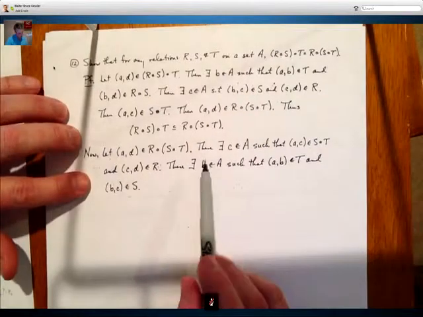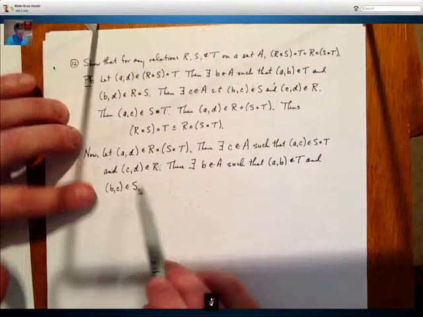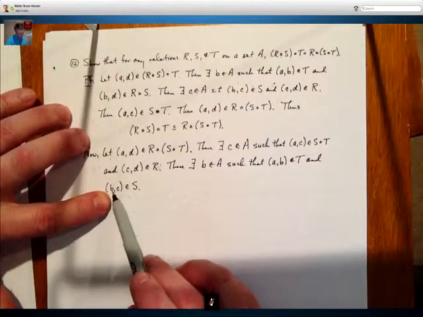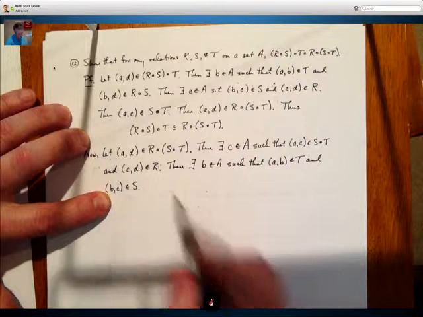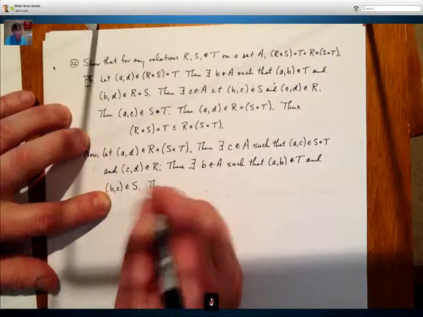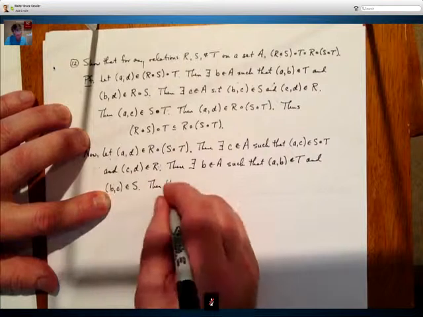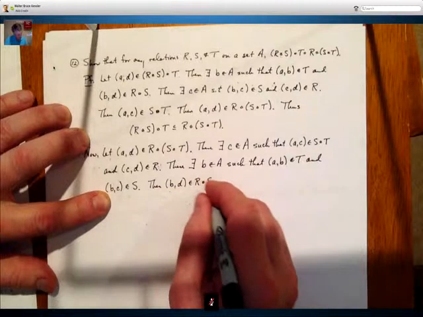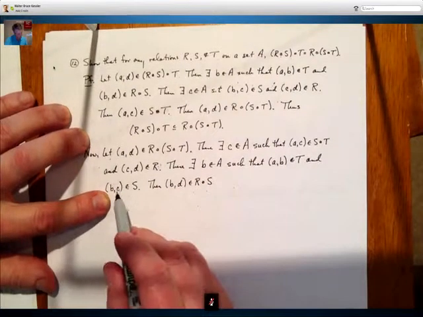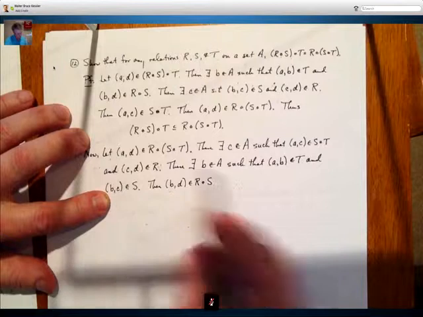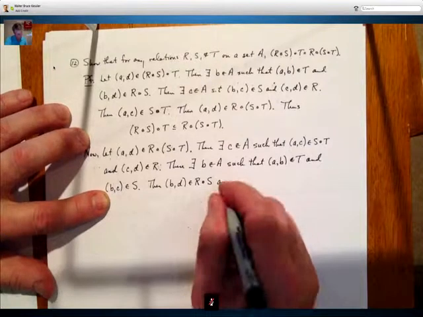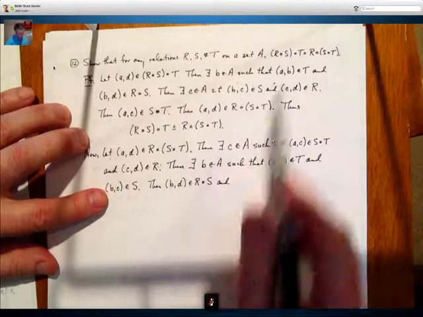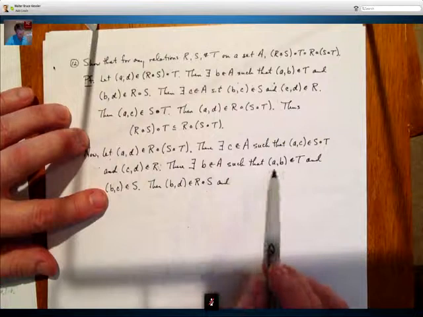Alright, but let's see what we're trying to build here. Let's start with S and move to R. So here's S, starts with B, connected with the C, goes to D. Then BD is an element of R composed with S. You start with the S, B, it's connected with the C, and then you end up with the D. And where's T?